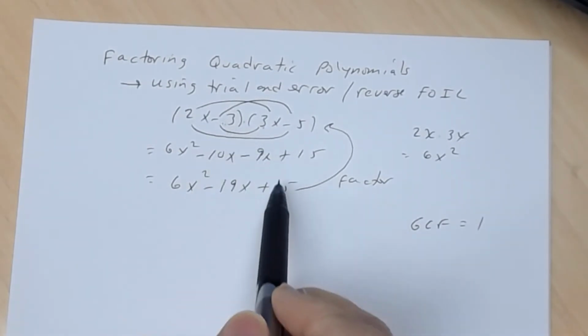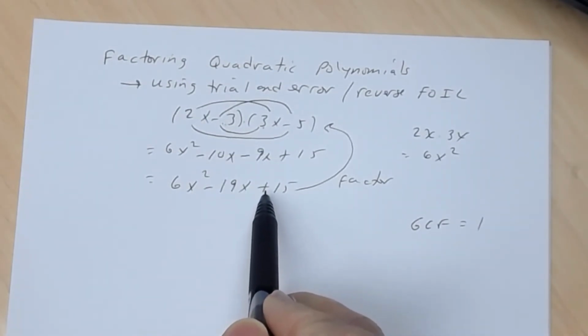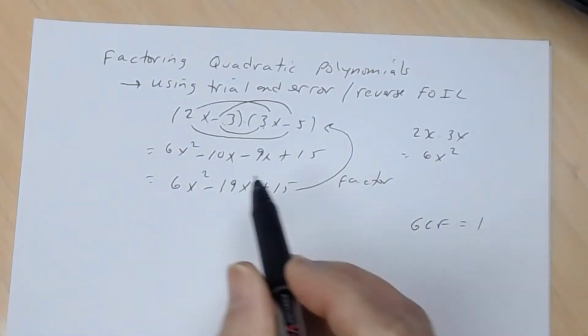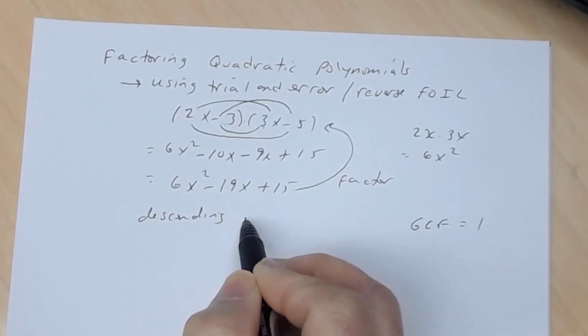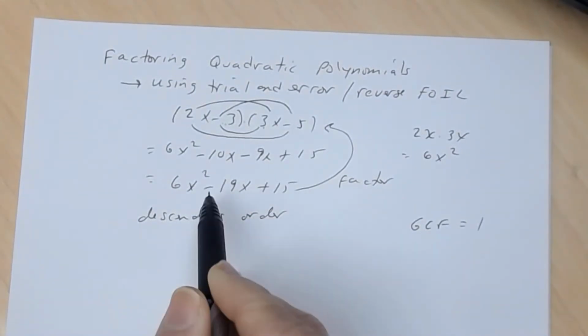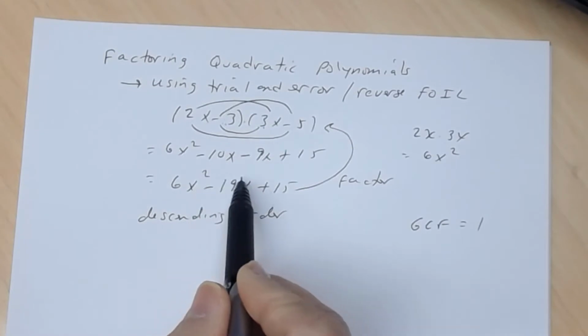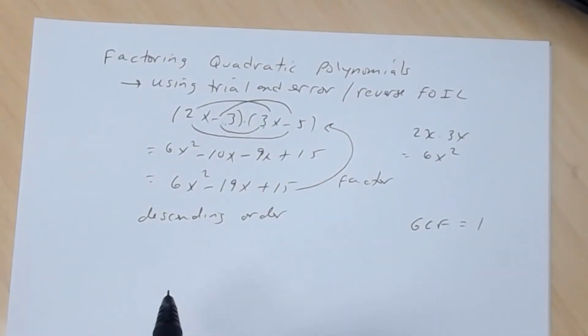One thing I have to remind you about is this. See how the last sign here is positive? Whenever the last sign of your trinomial is positive, that's the easy kind. And keep in mind, it's in descending order. We're going from the largest exponent, 2, then this exponent is 1, to the constant.